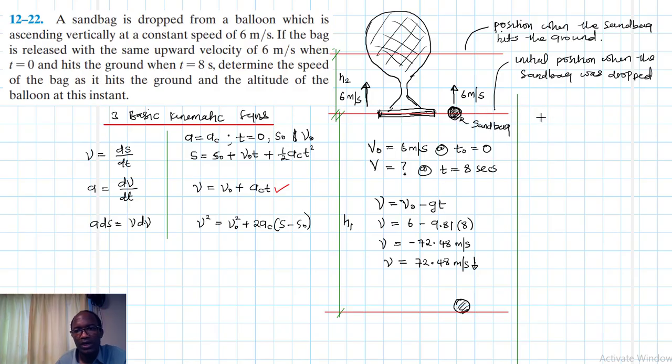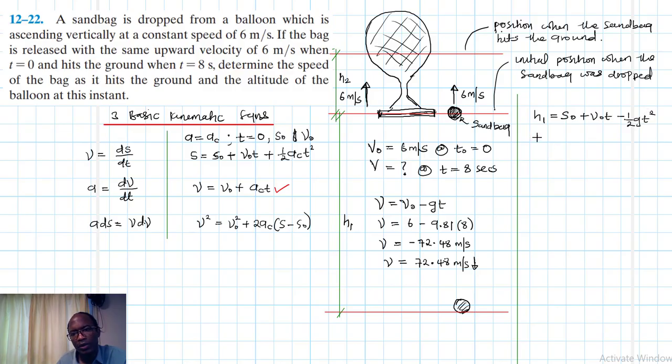All right. So let's find H1, right? H1 will be equal to, which equation do we use here? Of course, we can use this equation: S equals S naught plus V naught T minus, because our g is negative in our case, half g T squared.